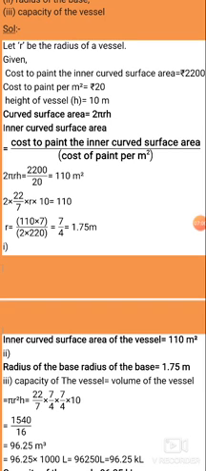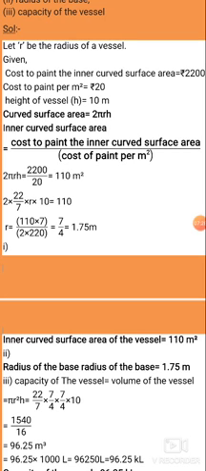volume, isn't it? But we need to find out the capacity of the vessel. To change that to capacity means you need to change that into liter or kiloliter. Meter cube is larger than liter. So to change meter cube into liter, you need to multiply. 96.25 into 1000 is equal to 96,250 liter.